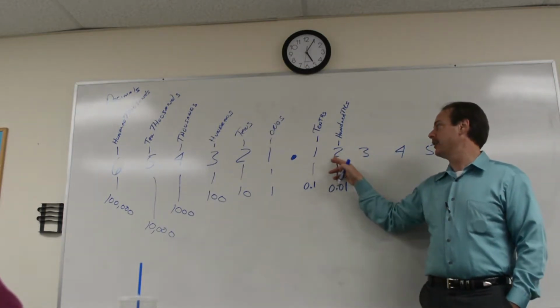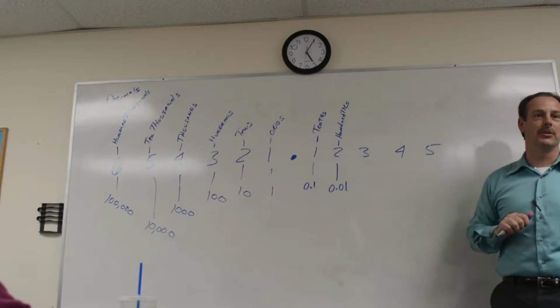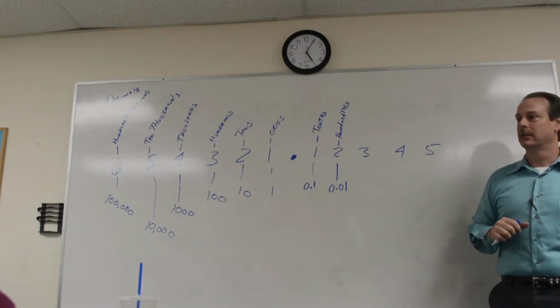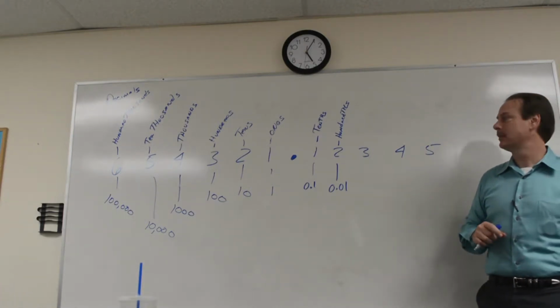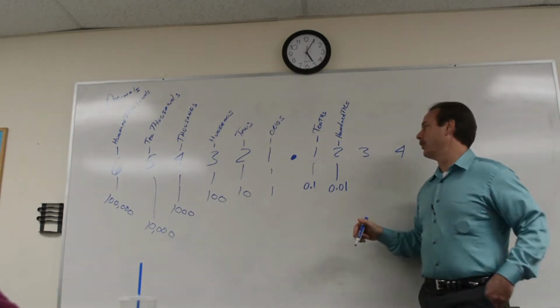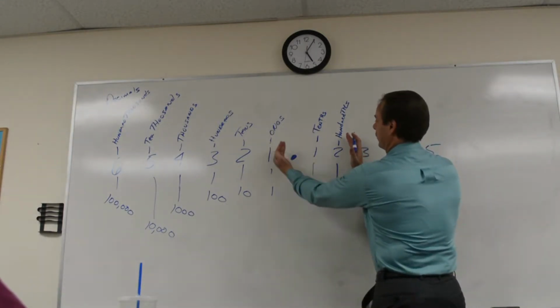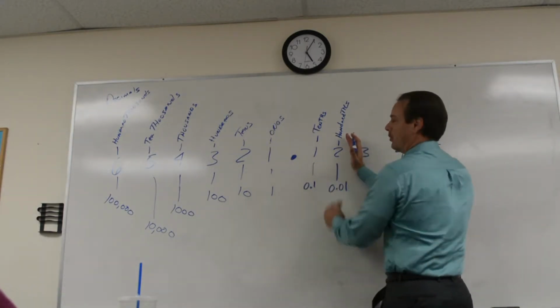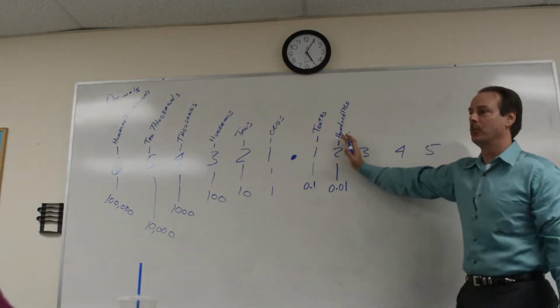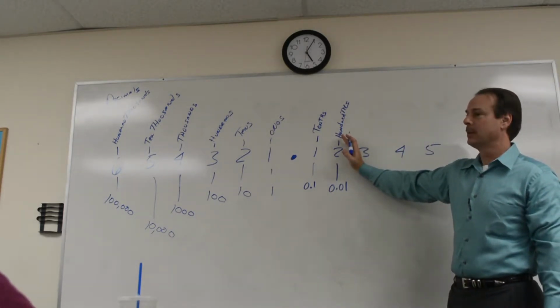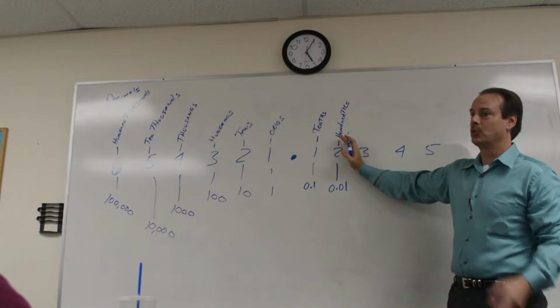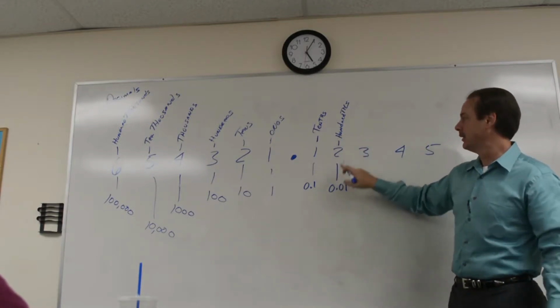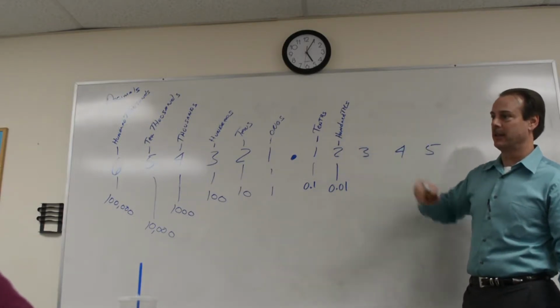What if we had a 1 and a 2 here? Then how would we represent it? How would we say it? If we only had the decimal point and the 1 and 2, how would we say that numeral? 12 hundredths. So at least the highest value would be the top.